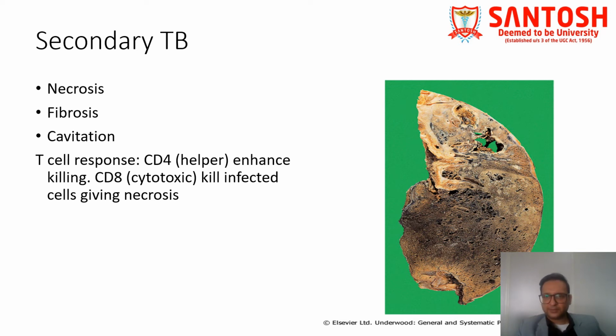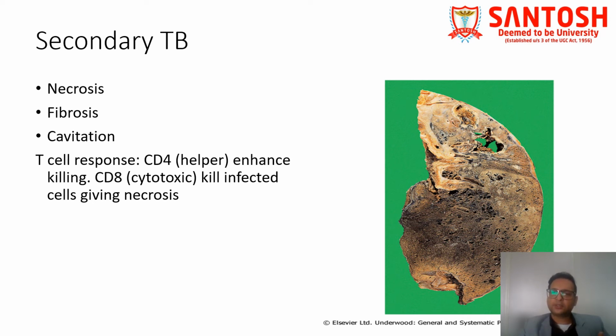This is the apex of the lung, this is the base, and in the apex you can see this empty area. This is a cavity in the apex of the lung, and here there is one lesion in the process of forming a cavity. Some yellow areas can be seen, which is nothing but necrosis. So basically tissue destruction is the main feature of secondary tuberculosis.